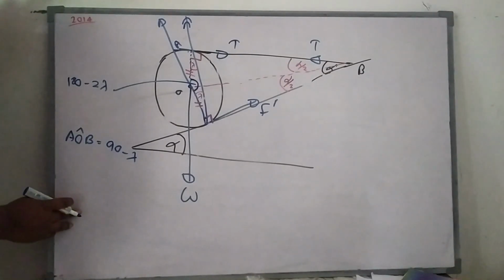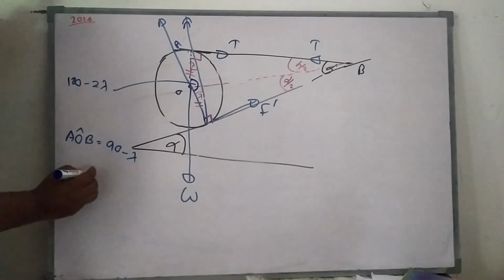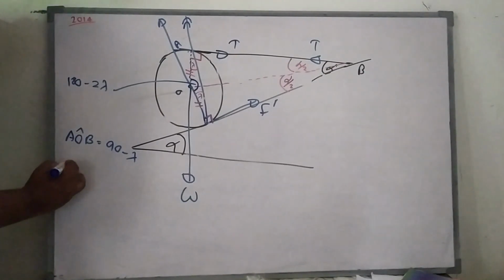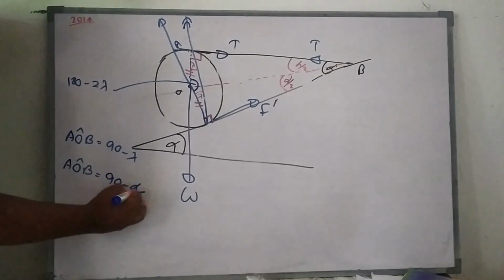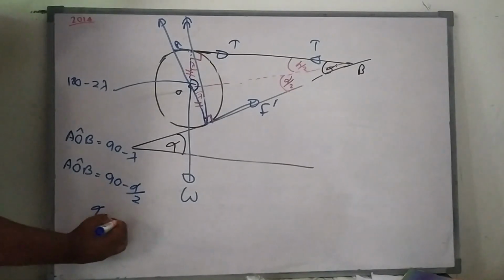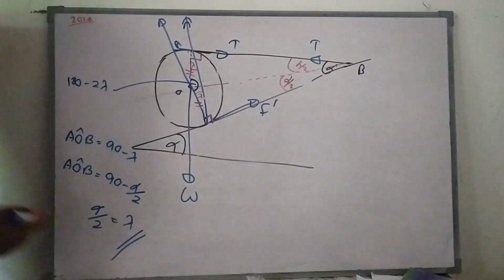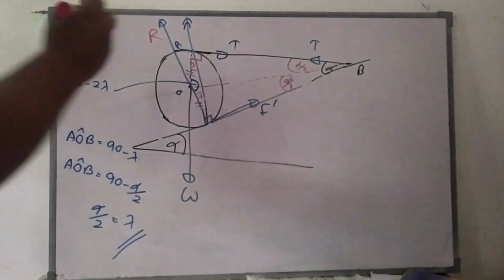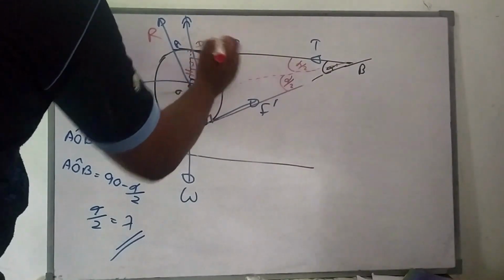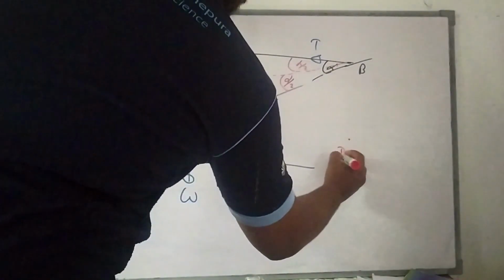So each part will be 90 minus alpha by 2, because one small angle is alpha by 2. Therefore, lambda equals alpha by 2. So this is the first thing they asked, and we have to calculate the tension value.